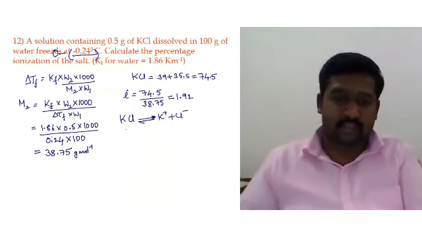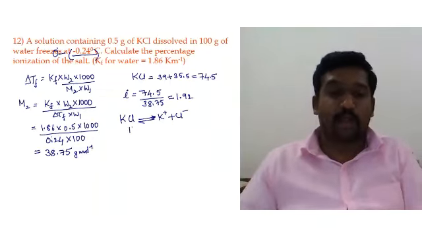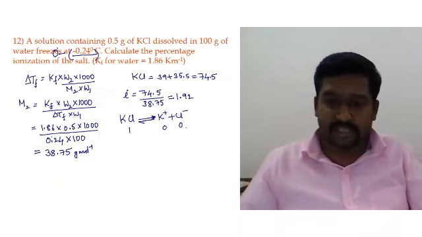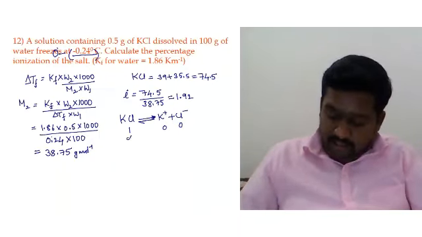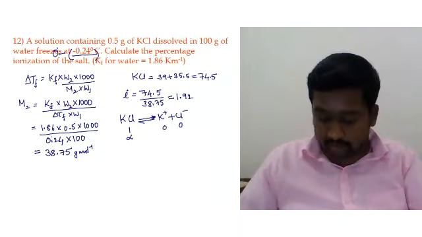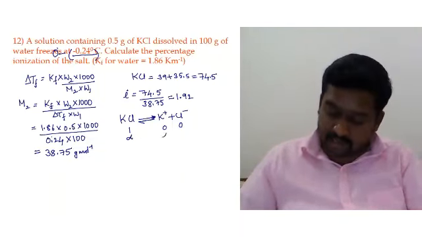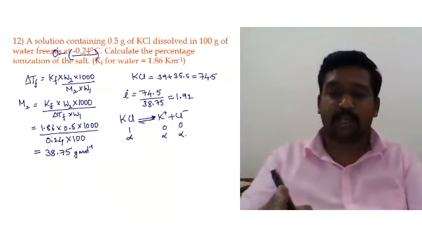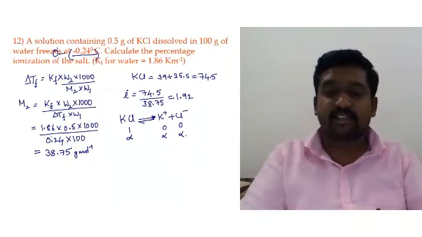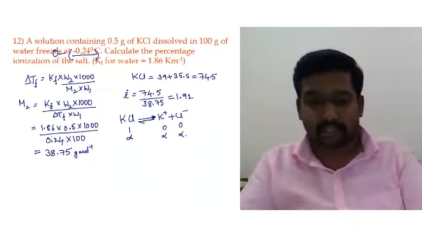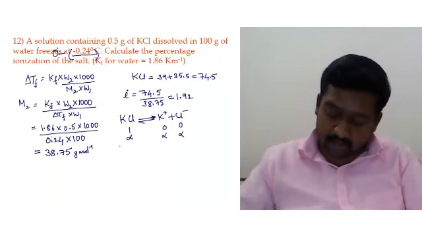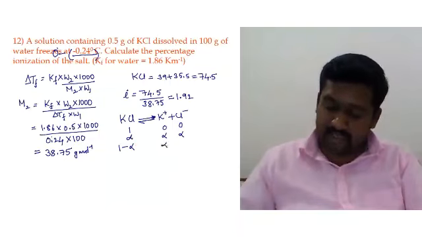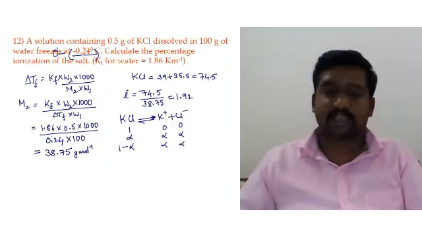Let's say initially it is 1 mole, and K plus and Cl minus would be 0 and 0 because there is no dissociation initially. If the degree of dissociation is alpha, then K plus and Cl minus also will be alpha and alpha, because one KCl gives one K plus and one Cl minus. So finally at equilibrium, KCl remaining is 1 minus alpha, K plus is alpha, Cl minus is alpha.